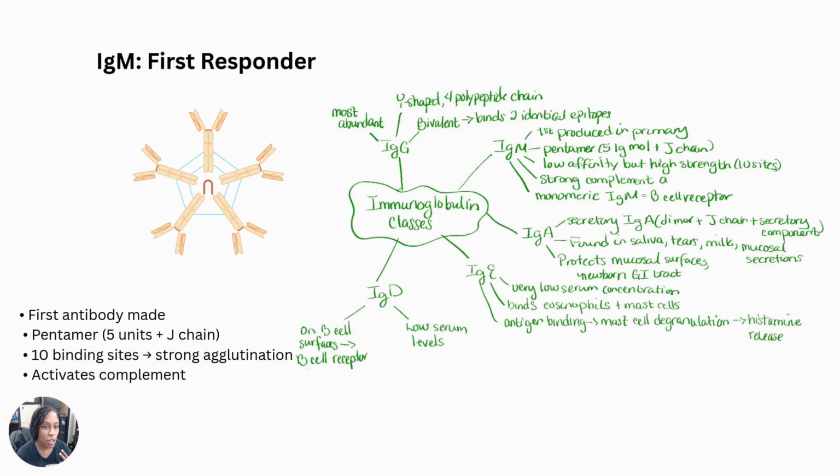It has 5 large molecules and a J chain. What's another one? I think those are the 2 major ones that you want to write down for now. So at the mucosal surface, a different antibody takes the lead, and that is IgA.